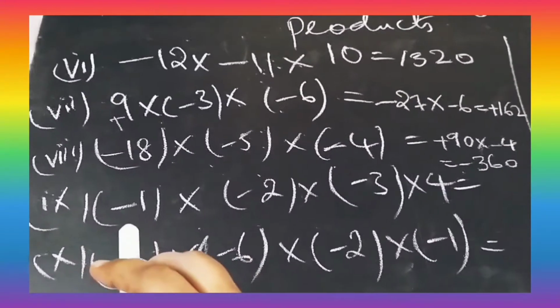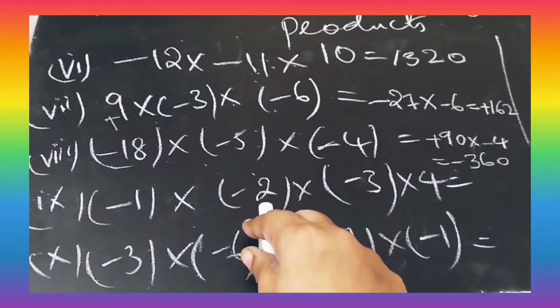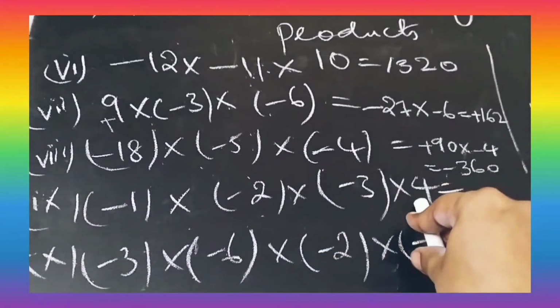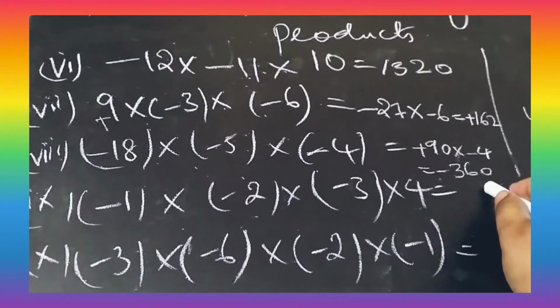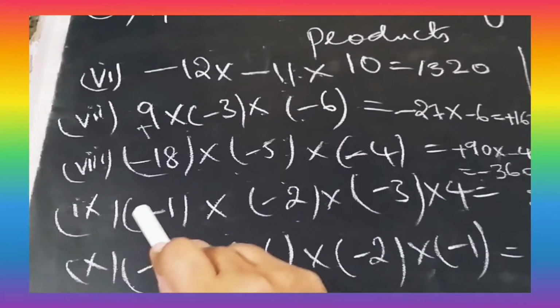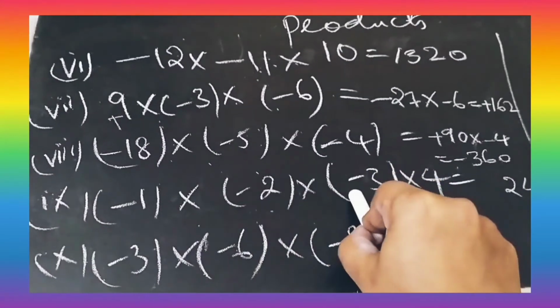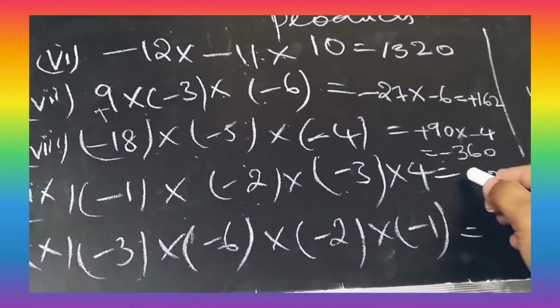It is very easy. 1 two is 2, 2 threes are 6, 6 fours are 24. So you have to write here 24. Now minus into minus is plus, plus into minus is minus, minus into plus is minus.